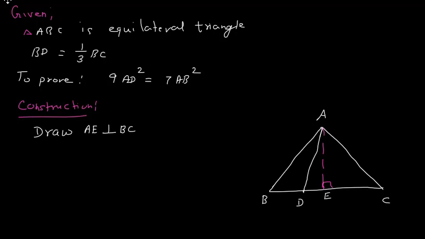This is the construction, so that I will get one triangle ADE, which is a right angle triangle, and ABE, which is again a right angle triangle. Okay, you have to relate AD and AB. So the rest of the terms you have to express in terms of AB. So in the proof, first of all, I will say triangle ABC is an equilateral triangle.